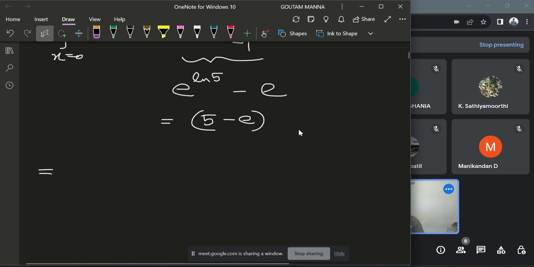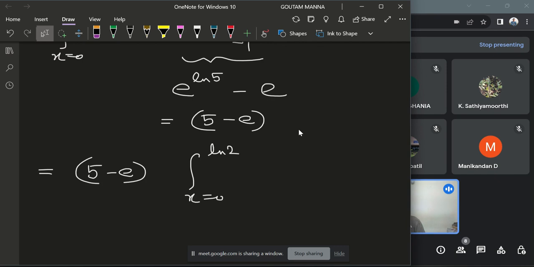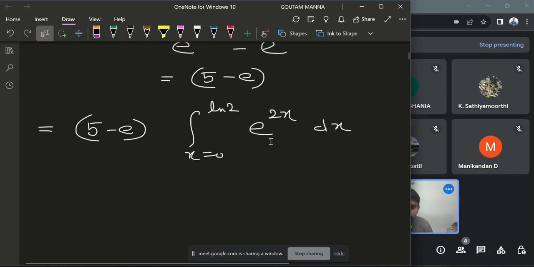So I can put 5 minus e outside, and then the x integral, x equals 0 to ln 2, of e to the power 2x dx.